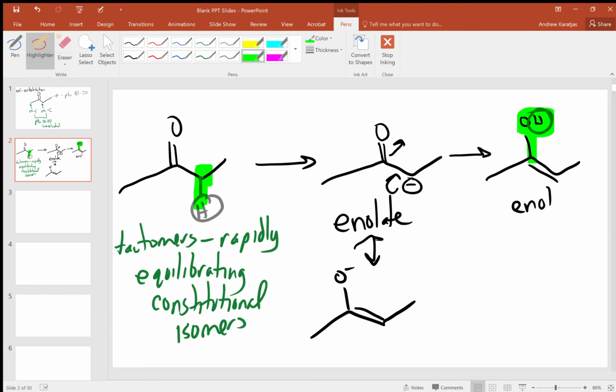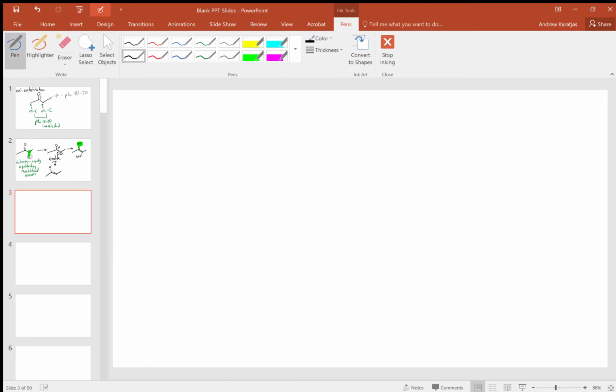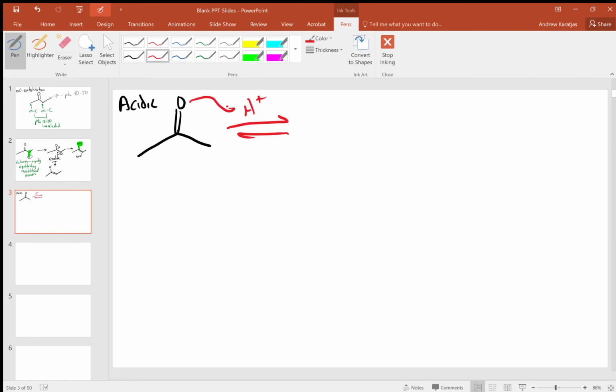Now, as I said, we can do this under either acidic or basic conditions. The reactions are relatively similar. Main difference is the order of the steps. We've seen plenty of carbonyls reacting under acidic conditions at this point to know that the first step is going to be protonation of the carbonyl. Why do we need to protonate under acidic conditions?